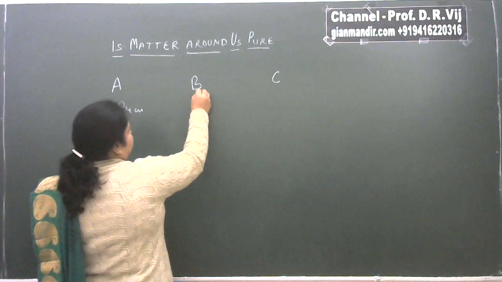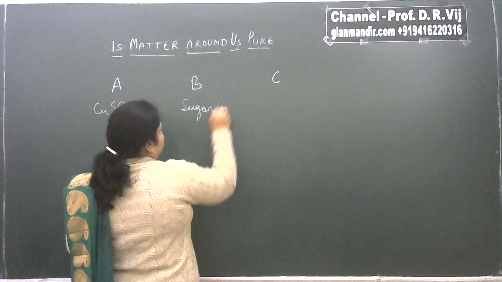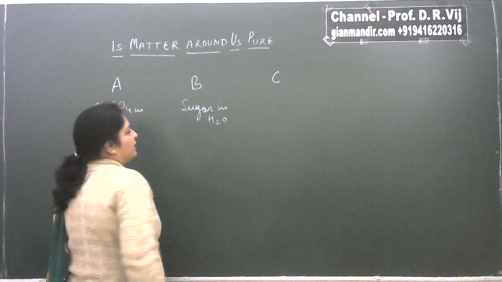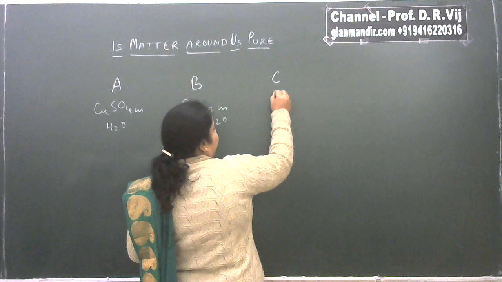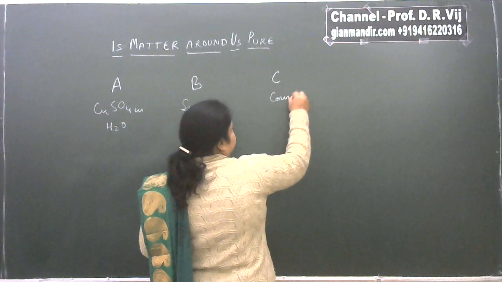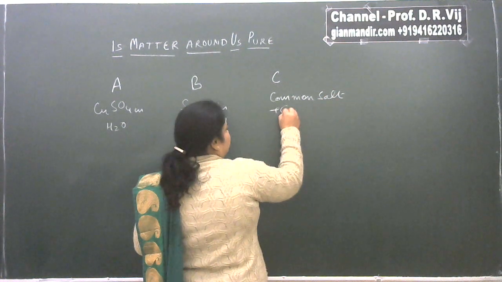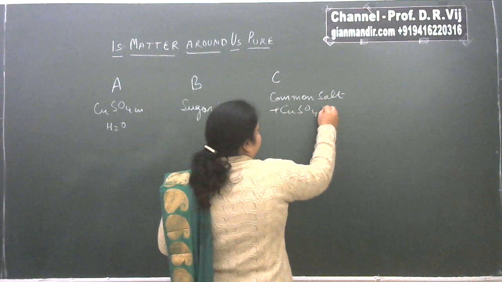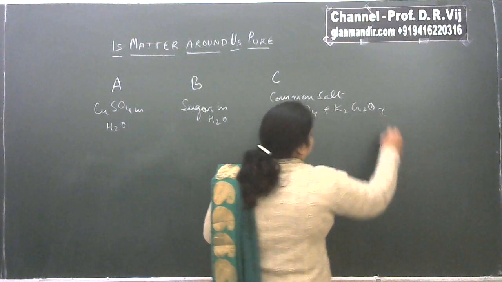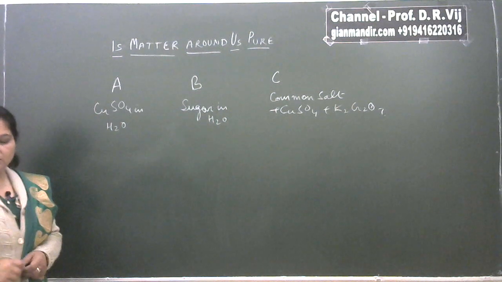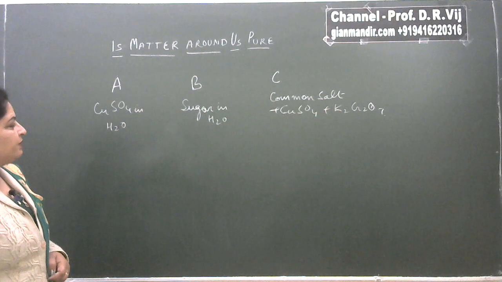Group B has dissolved some amount of sugar in water, and group C has taken a mixture of common salt, copper sulfate and potassium dichromate in solid state, right? So all the groups mix their components thoroughly.